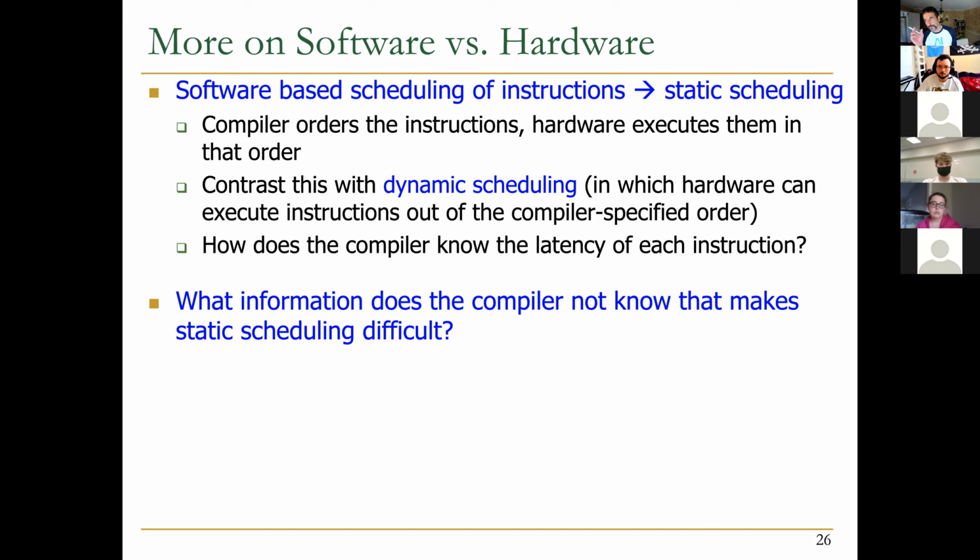So this is, for example, one specific piece of information that the compiler doesn't know: for this instruction that we have in the program, how long does it take? And based on this, we may want to have different scheduling policies, right?